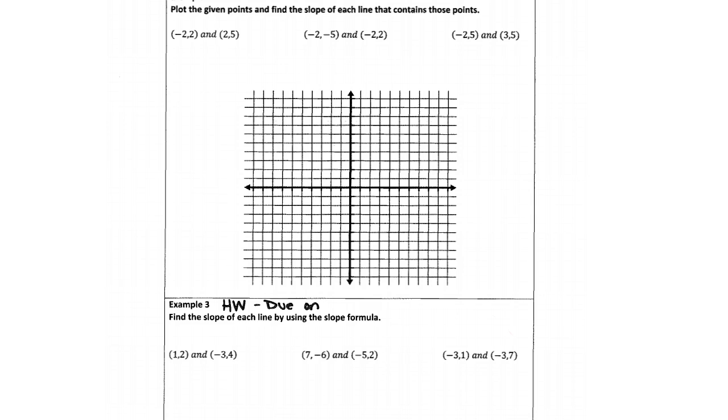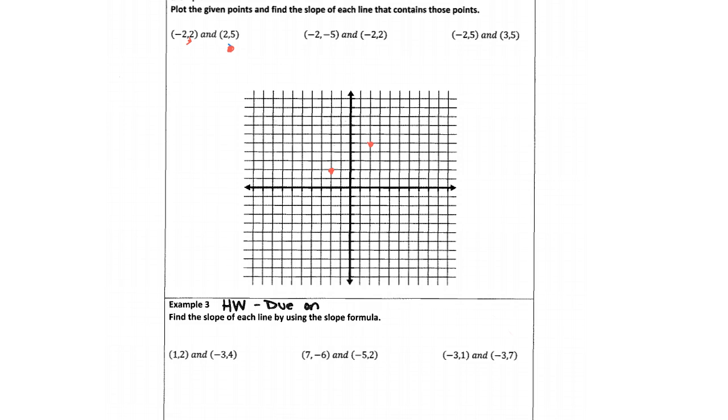Okay, so in example 2, it says plot the given points and find the slope. I'm going to start by plotting this point and then this one. So let's start with this first one. I got a -2, 2. So there's my first point. My second point is 2, 5, which is there. Now I need to figure out my rise over run.